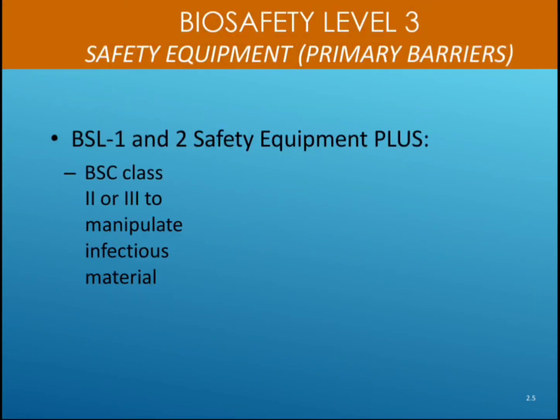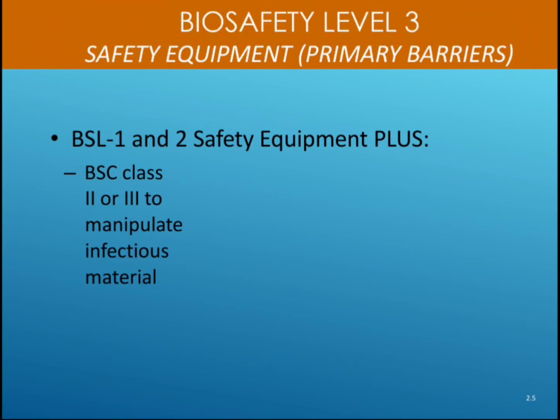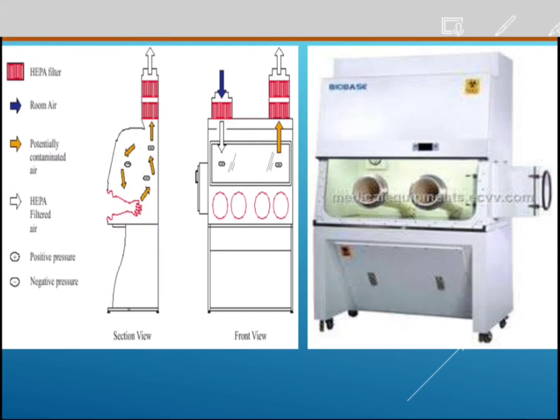In biosafety level 3, biosafety equipment: BSL 1 and 2 biosafety equipment should be there, plus a BSC class 2 or 3 to manipulate the infectious material should be used. So HEPA filters should be there, room air, and potentially contaminated air.